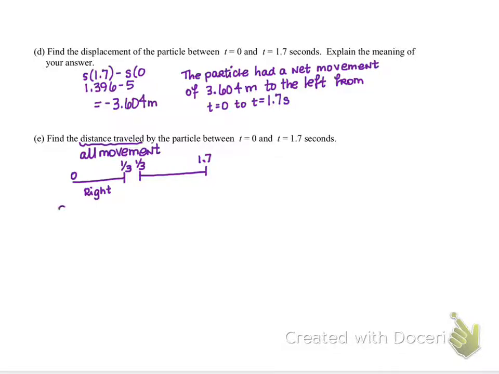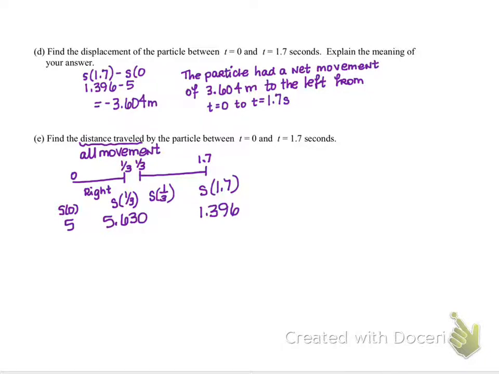We are going to look at our distance from s of 0 to s of 1/3, and then our distance from s of 1/3 to s of 1.7. And s of 0 is 5, s of 1/3 is 5 and 630 thousandths, and s of 1 and 7/10 is 1 and 396 thousandths.